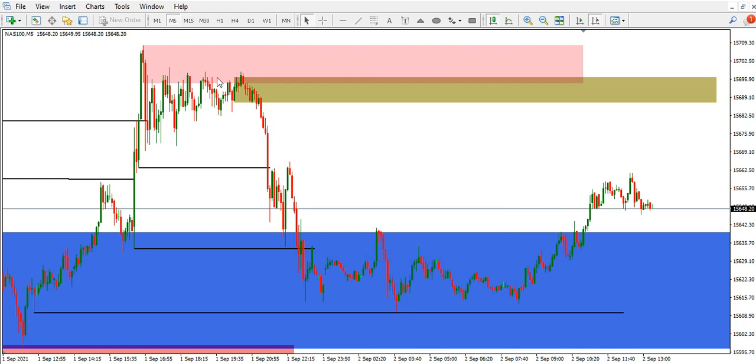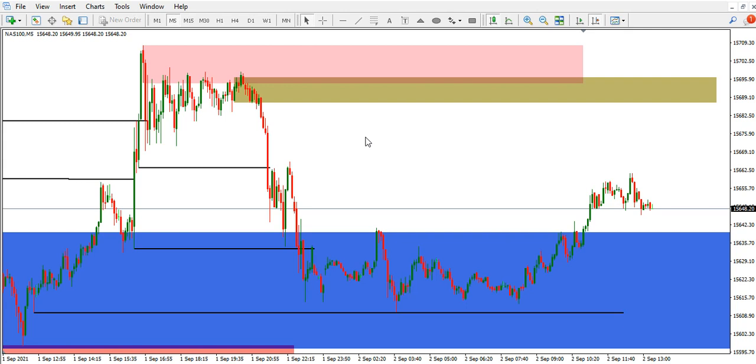So we expect price to return to origin, and the origin is this candle here. But again, the candle that formed the stop hunt is the one that is more important, and which candle formed the stop hunt is the one that we just highlighted.